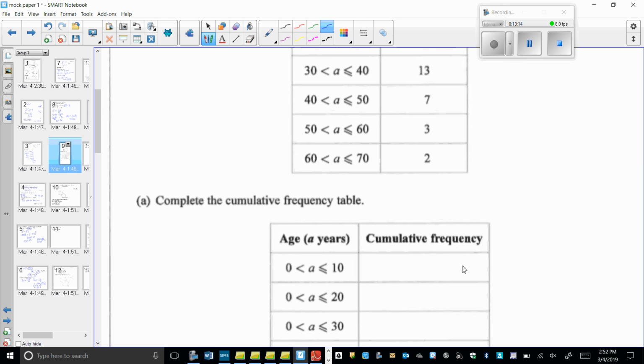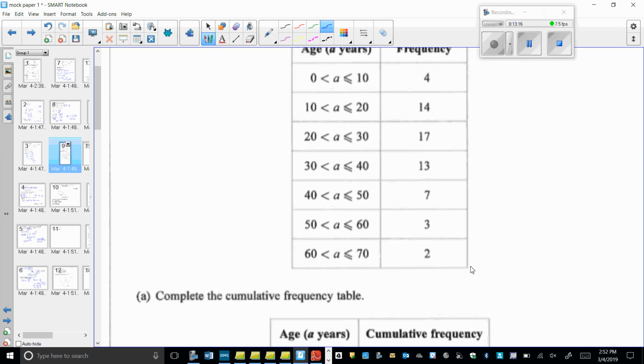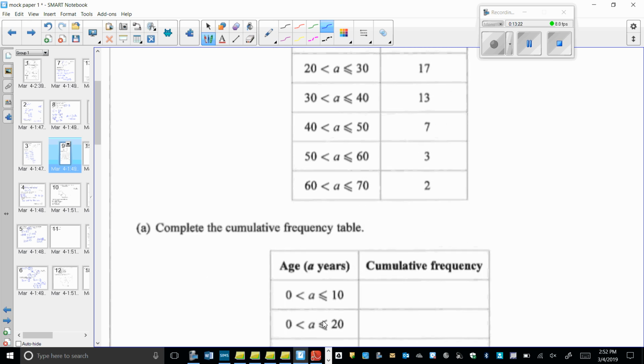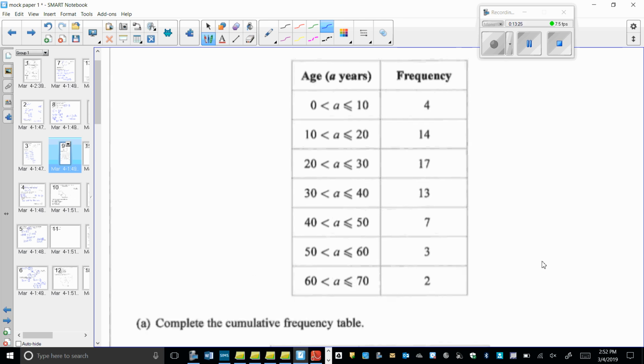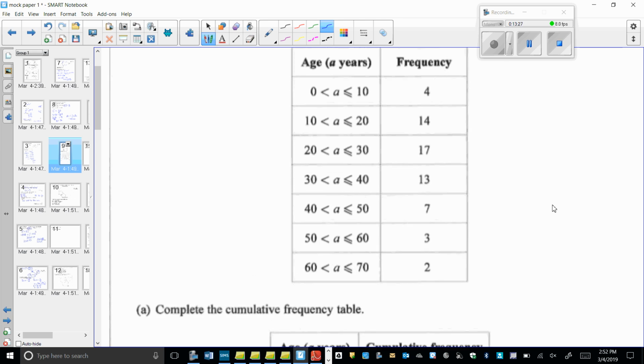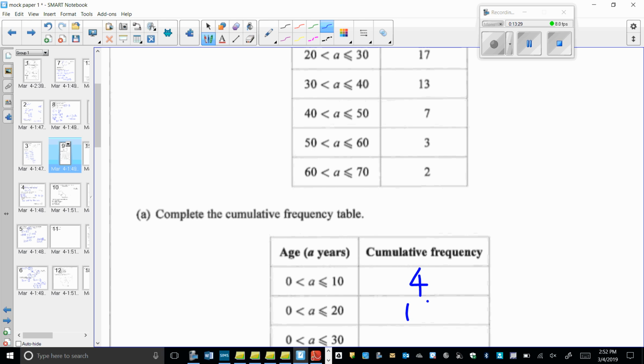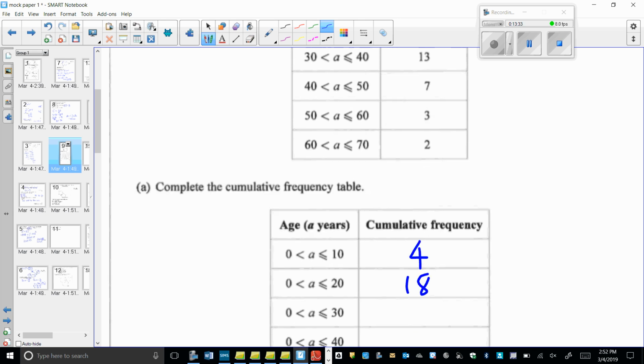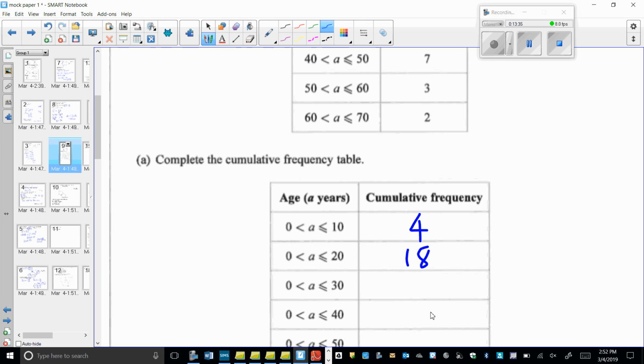All right, cumulative frequency. So the table here should help you. This goes from 0 to 10, 10 to 20, 20 to 30, but this goes 0 to 10, 0 to 20, 0 to 30. So our numbers, we're just going to add them up as we go. So it's 4, 18. Then we're going to add on 17, 35.